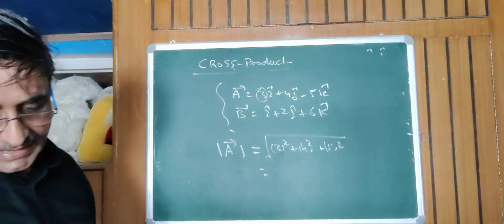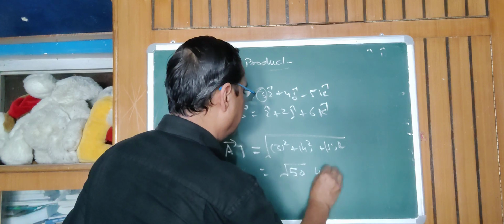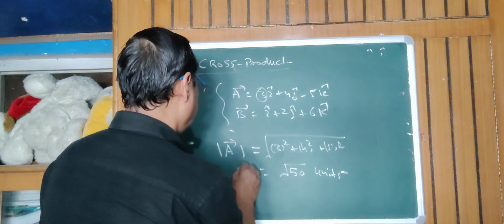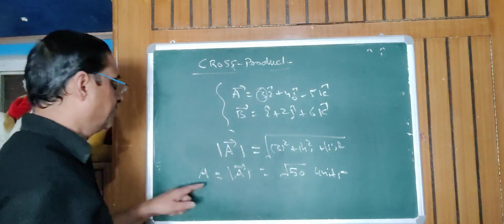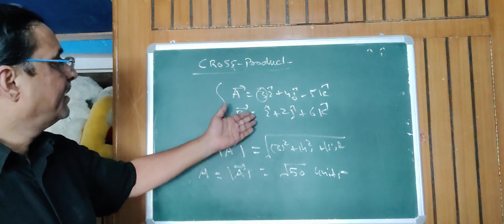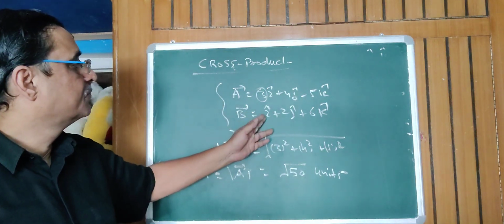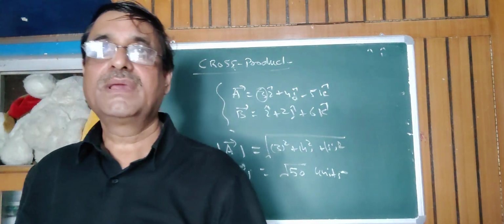You just solve this and you will find that this is root 50, you can write these are units. So A is equal to its magnitude and this is equal to this thing. Similarly you can find the magnitude of B, this is 1 square plus 2 square plus 6 square and you can find out the answer. You can calculate it from here.